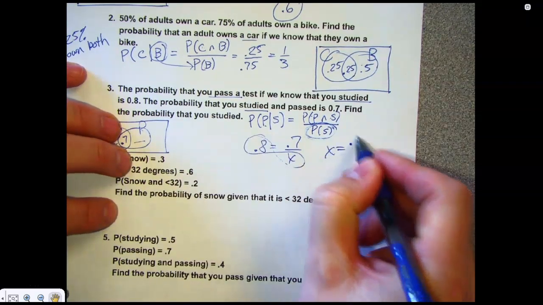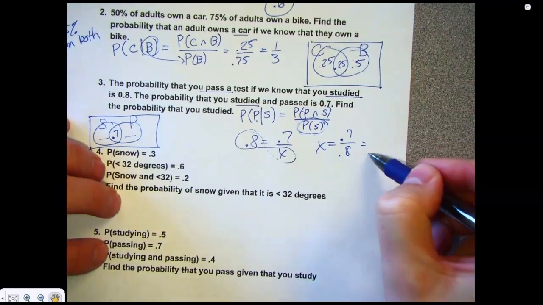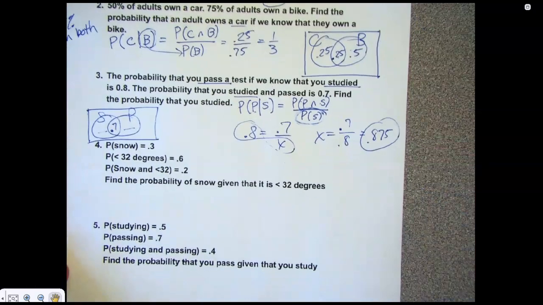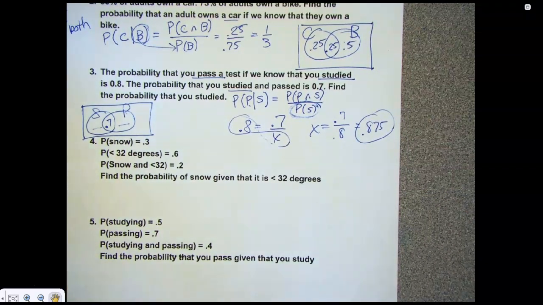So X is going to equal 0.7 over 0.8, which comes out to 0.87. So that's the toughest kind for most people because it's like you're working backwards and the diagram doesn't really help you. Unfortunately, they're kind of the most rare kind too, so they're not super common.